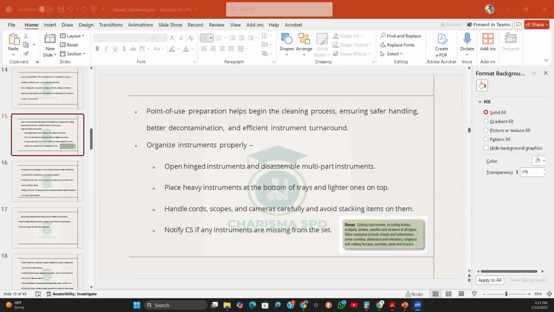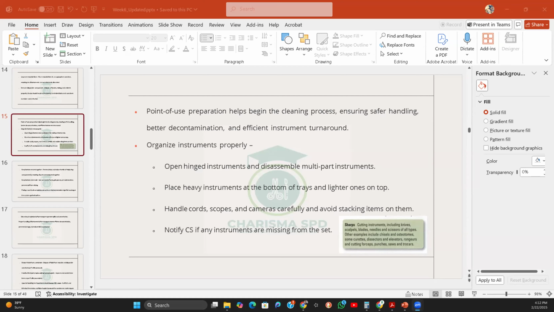So when you do point of use preparation, you reduce the time needed to turn over the insufficient instrumentation that each hospital is faced with, to make it available for the next patient. Does that make sense?